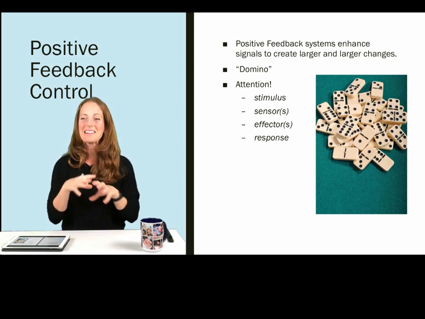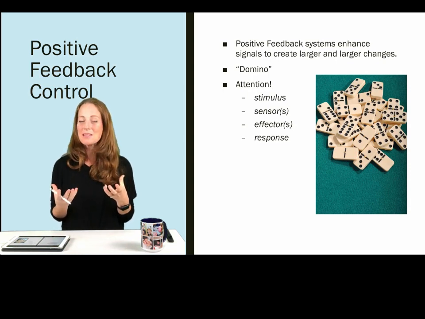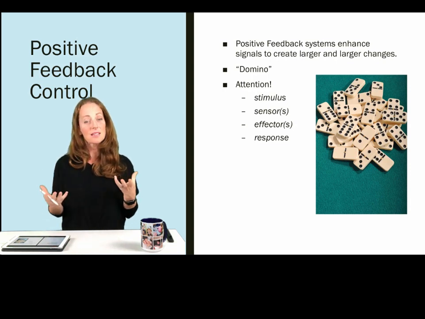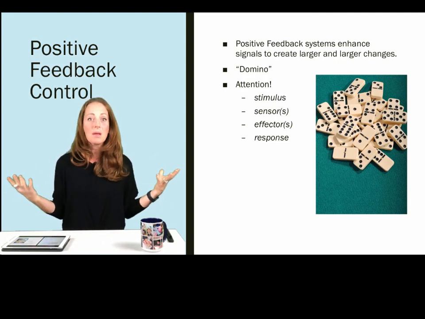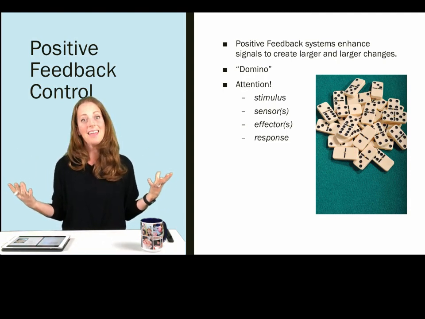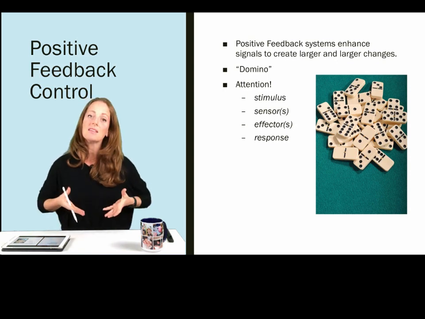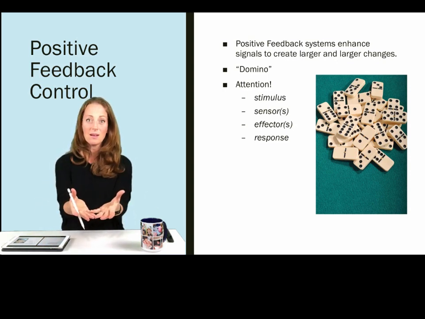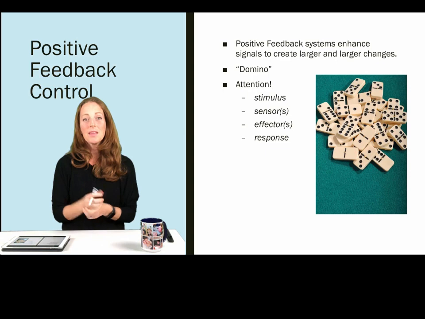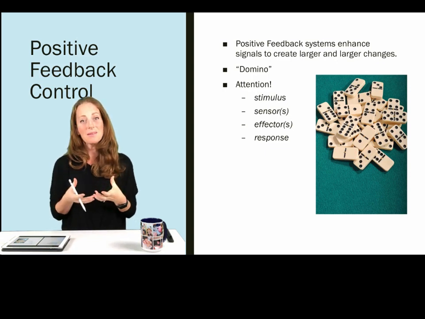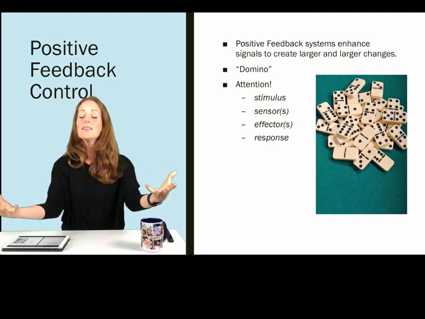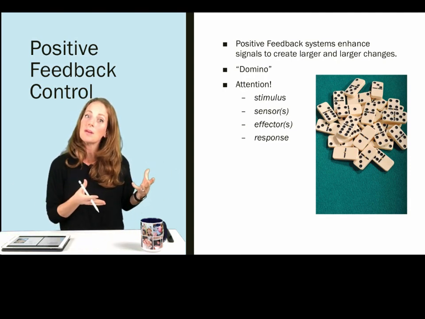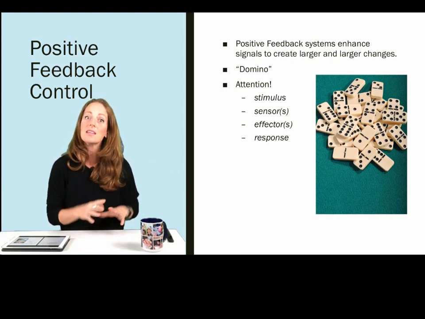This continues and continues. The stimulus gets bigger and bigger, and the only way it ends is when the baby is pushed out of the uterus for childbirth. So that's a big stimulus that gets bigger and bigger until the actual initial stimulus is removed.